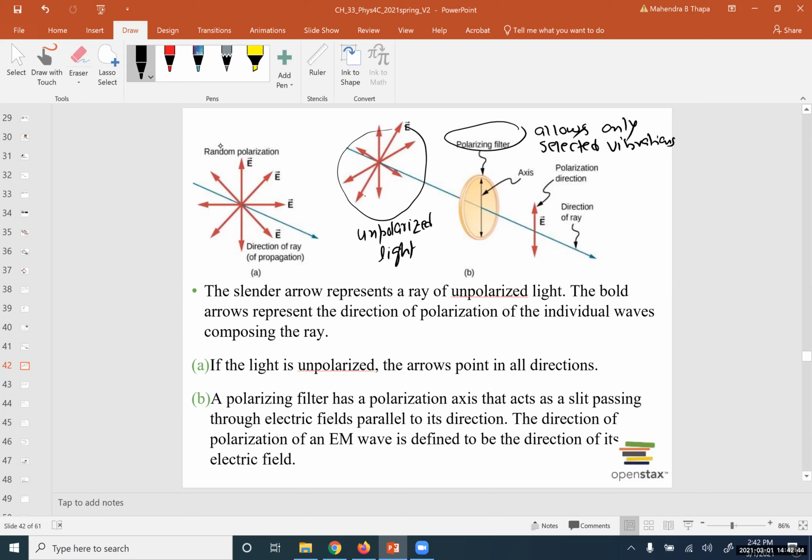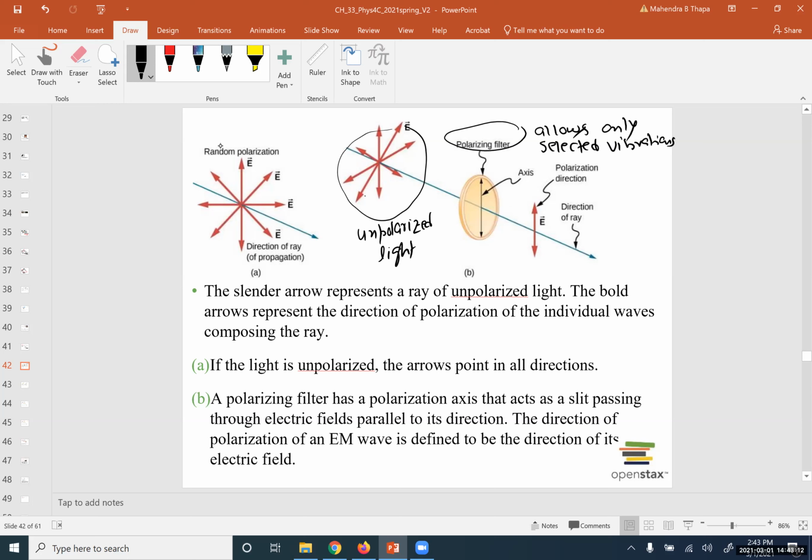If we put a filter here, it only allows the light whose axis is parallel to the polarizing filter. The unpolarized light vibrates in all planes.